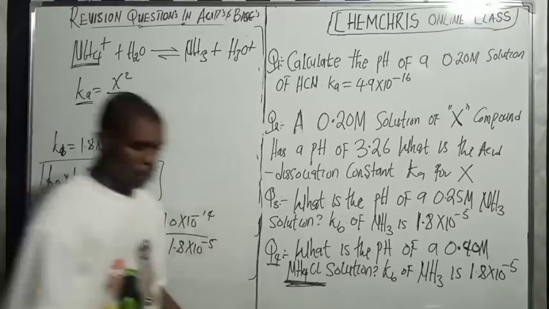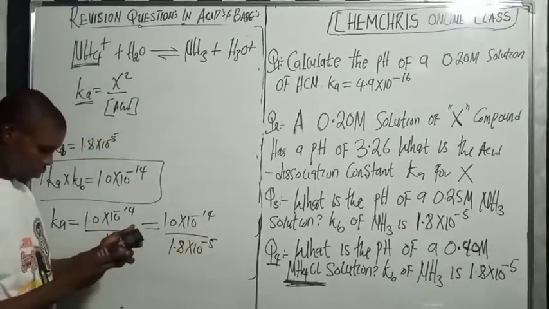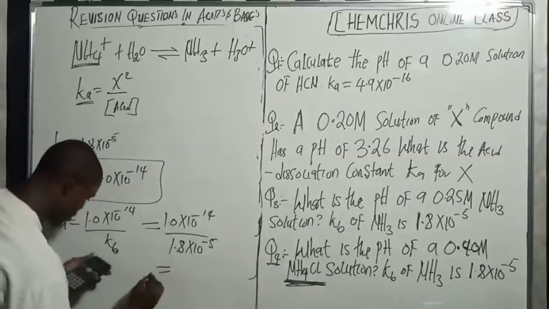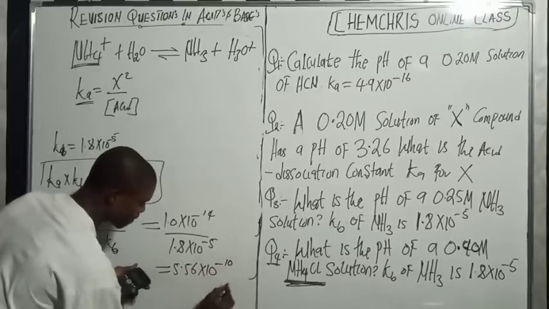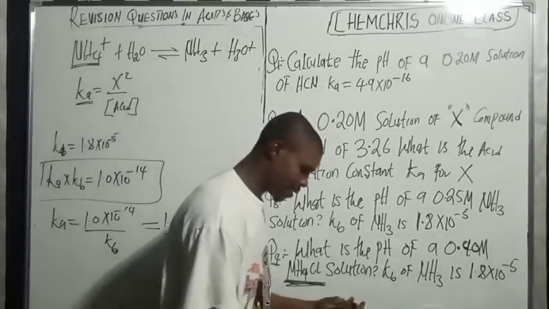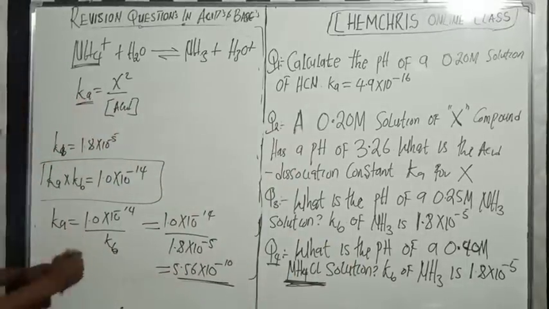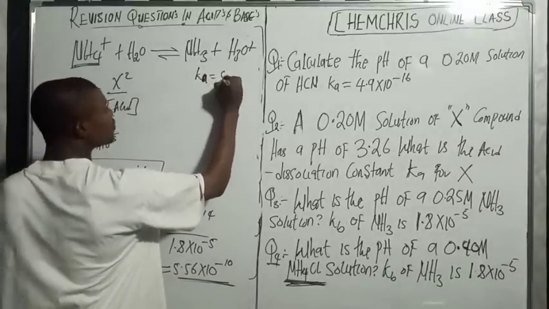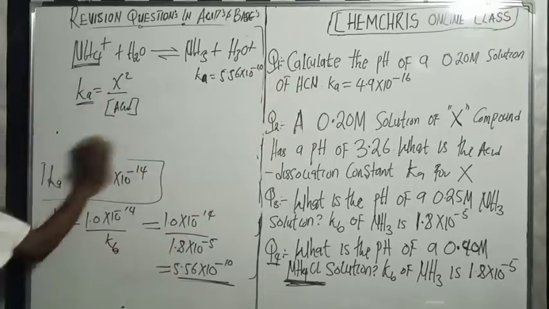Grab your calculator and punch in the answer. You get 5.56 exponential minus 10. That is my Ka. So I'm going to wipe all this out now.